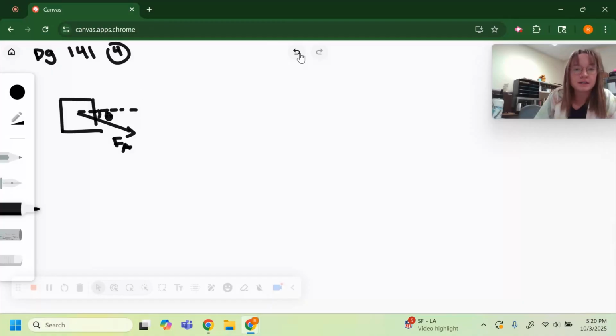Oh, wow, that's a terrible theta. 35.2 degrees below the horizontal. We also have the weight of the box pulling it down, the force of friction slowing it down, and a normal force from the floor pushing it up.